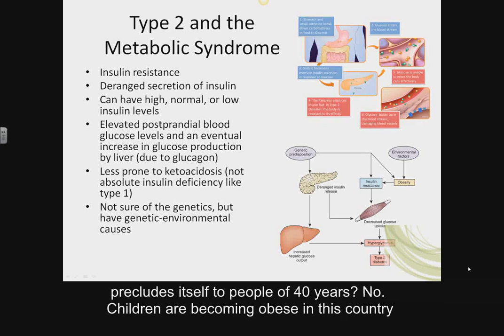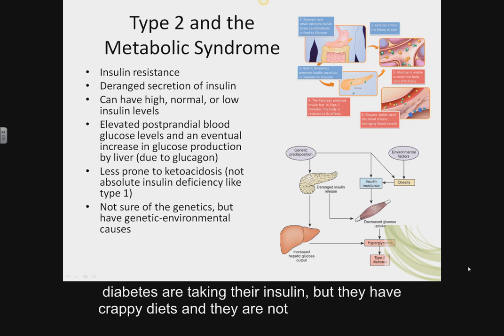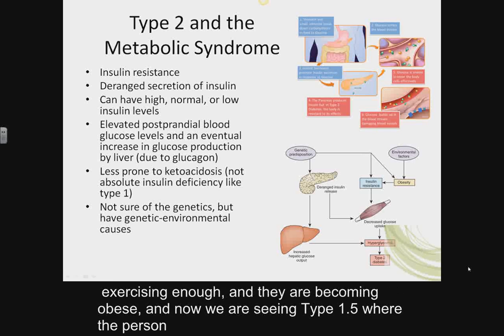But that does not mean it precludes itself to people over 40 years. No. Children are becoming obese in this country, and our children are presenting with type 2 diabetes. What's even worse, children with type 1 diabetes are taking their insulin, but they have poor diets, and they're not exercising enough, and they are becoming obese.